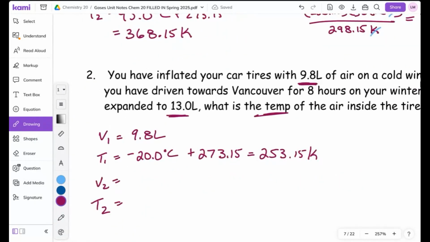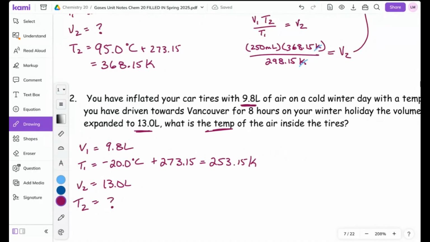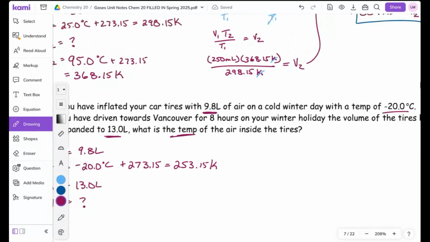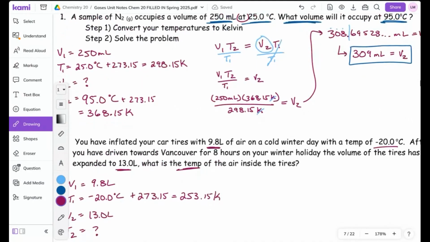Alright, now it says after we drove, the gas in the tires expanded to 13 liters and we don't know what the temperature is. Now, because the question doesn't specify if it wants temperature in Kelvin or degrees Celsius, either is fair game. So let's start off with our formula.